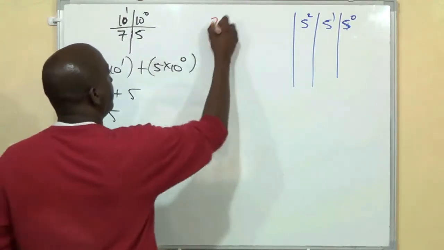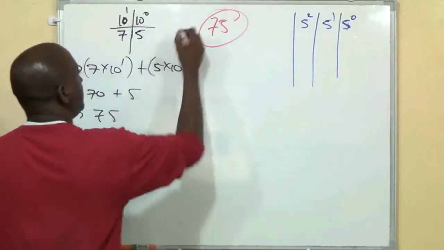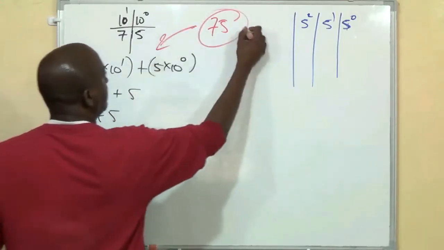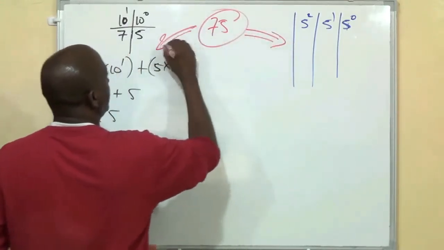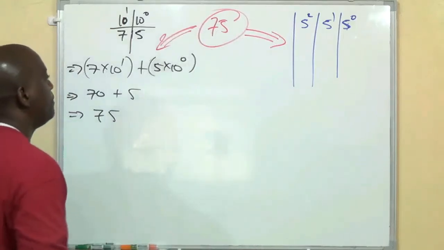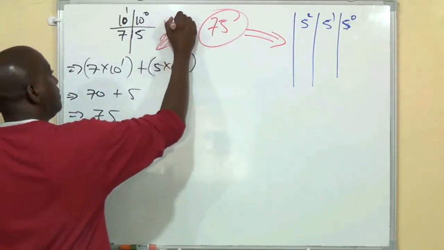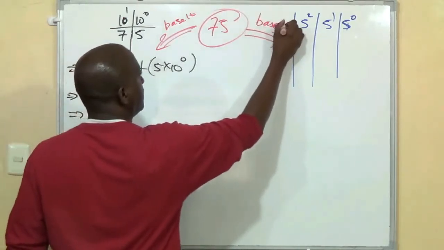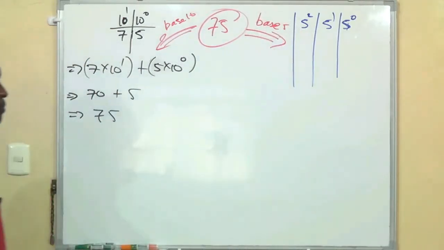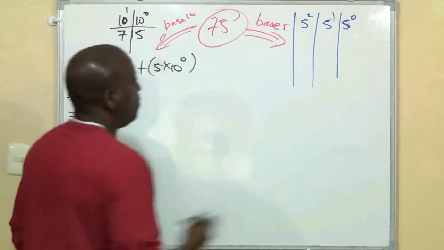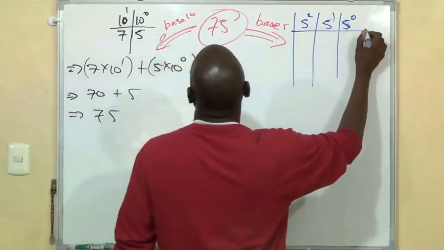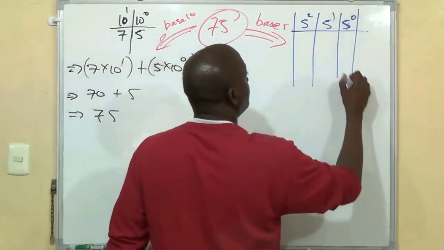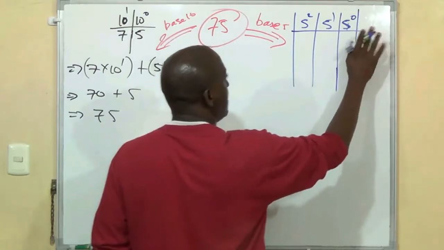look at here, 75. So this here is base 10 and this here is base 5, right? This here is base 10 and this here is base 5. Now, this is another trick here that I needed to pay close attention to and to remember.